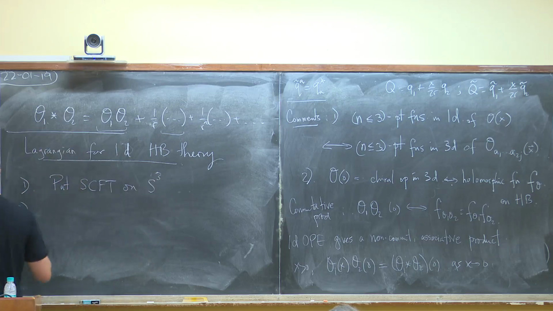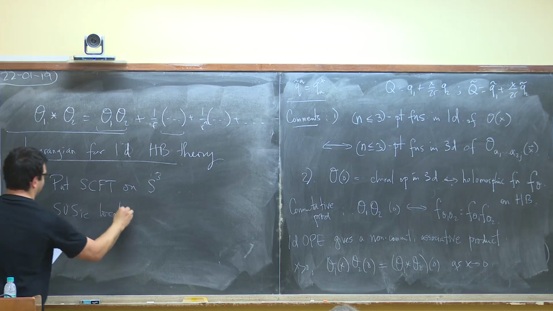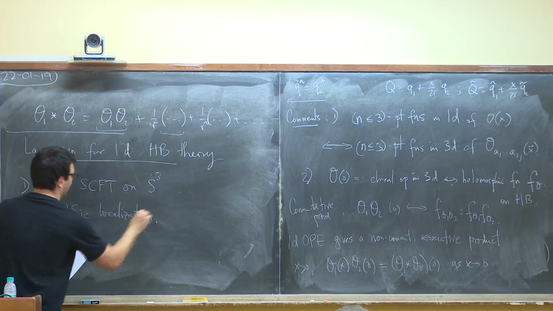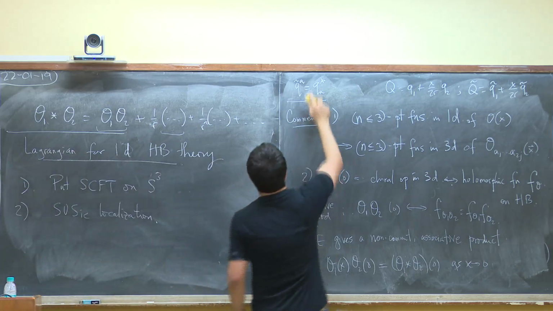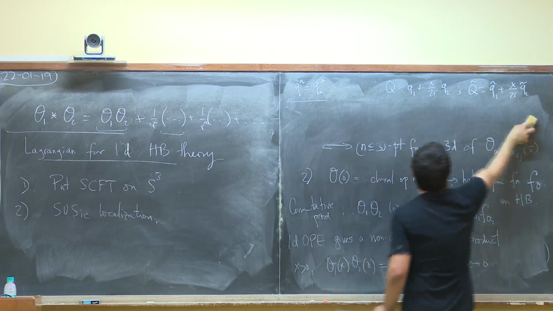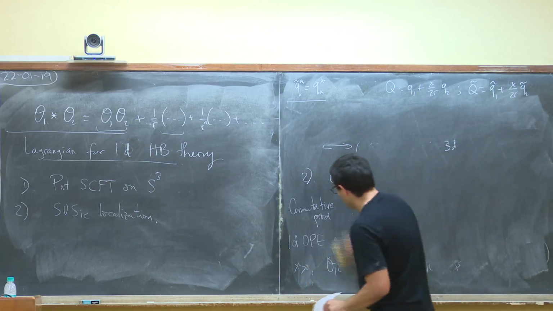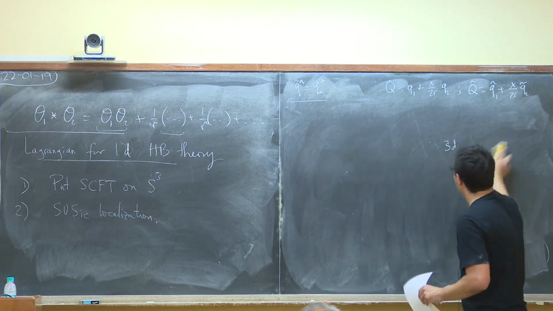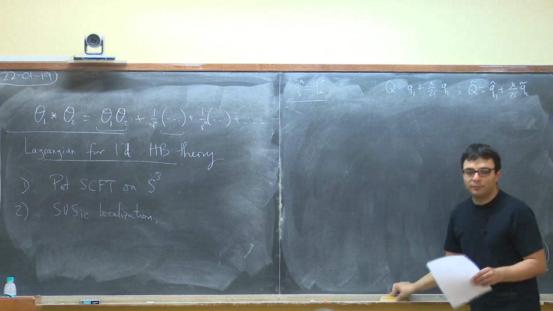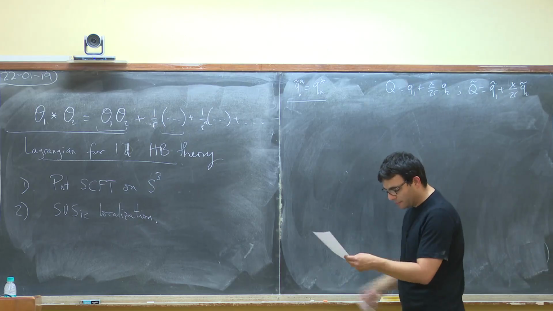The second step is to use supersymmetric localization to find the answer. Let me first explain what happens with the 1D sector once we put the theory on the 3-sphere, and then explain roughly what happens in supersymmetric localization and what the answer is.